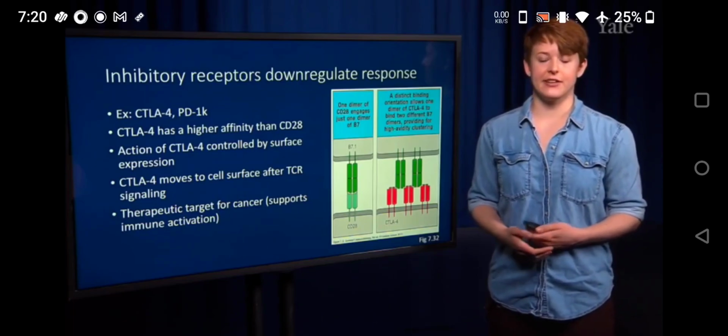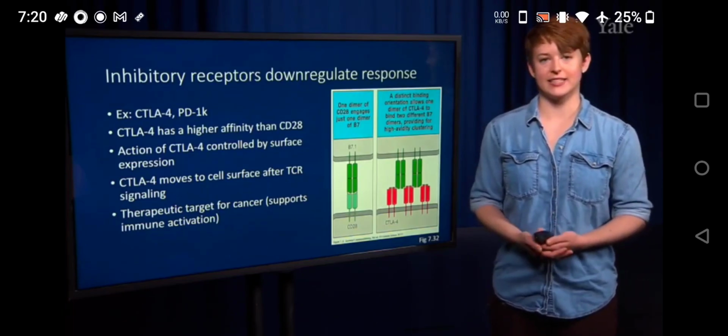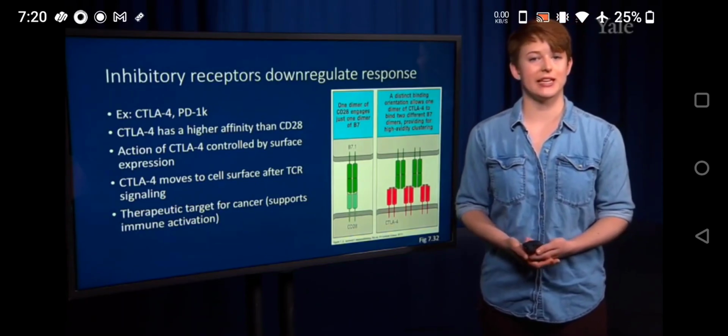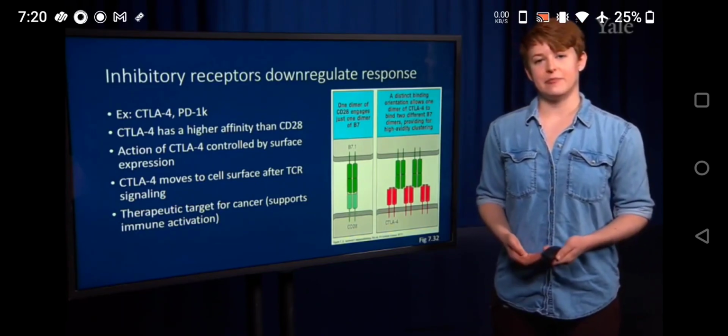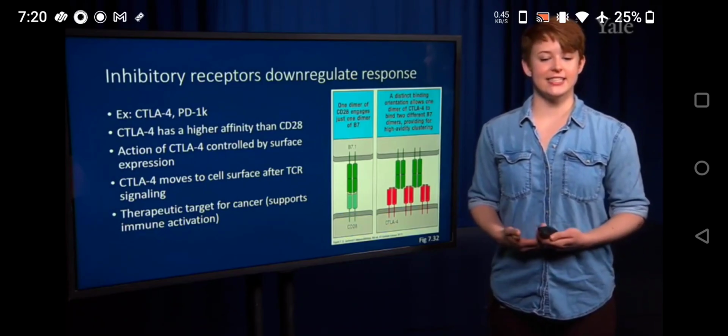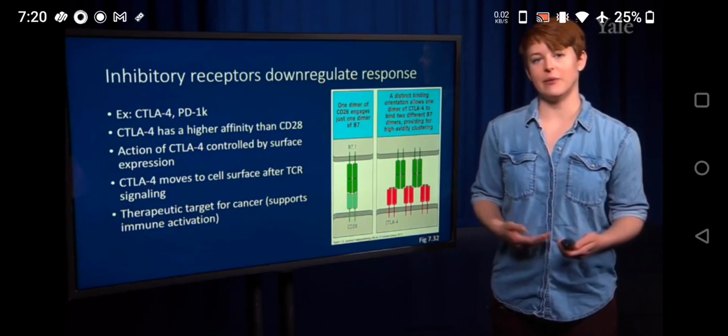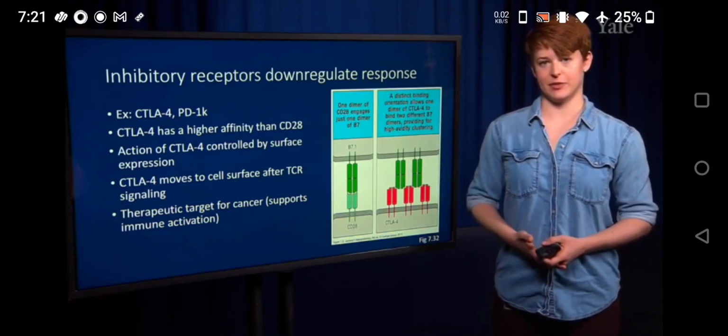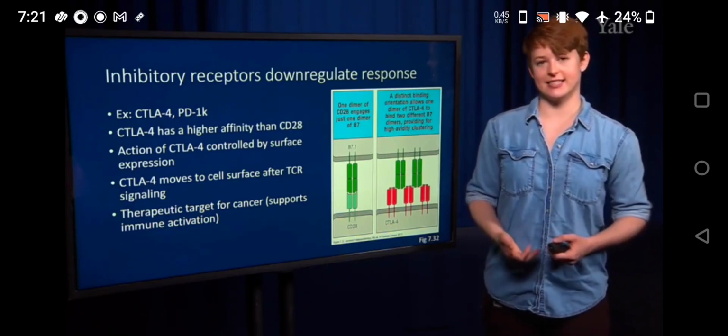So if you give a monoclonal antibody to block CTLA4 or PD1, this then promotes T cell activation, and the T cells of the immune system will then go on to attack cancer cells more. So it blocks this inhibition.